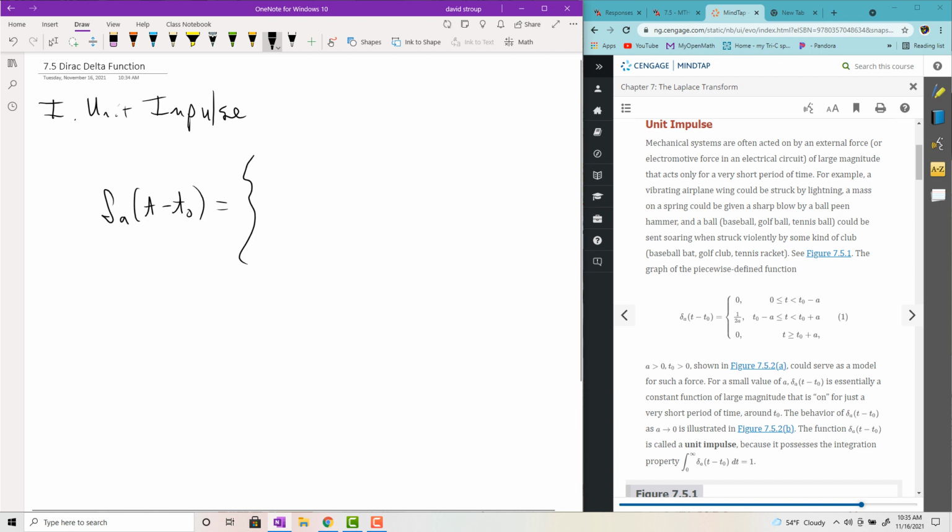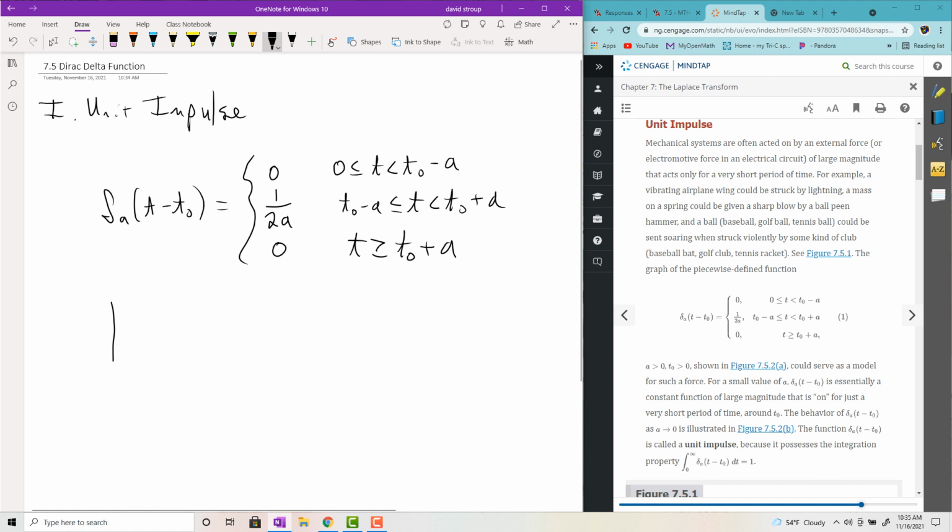This thing is 0 except in some interval, and in that interval the output will be 1 over 2a. So it is 0 from 0 to some point t sub 0 minus a, then 1 over 2a from t sub 0 minus a to t sub 0 plus a, and finally 0 again from t sub 0 plus a on.